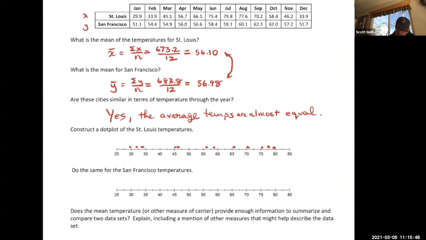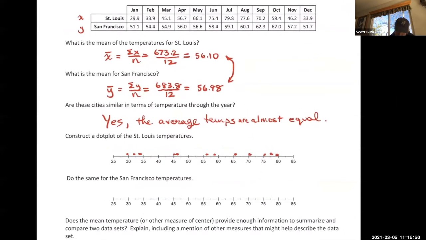And then again, San Francisco. These get a little too close together.